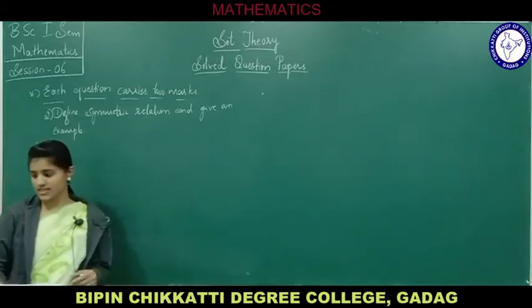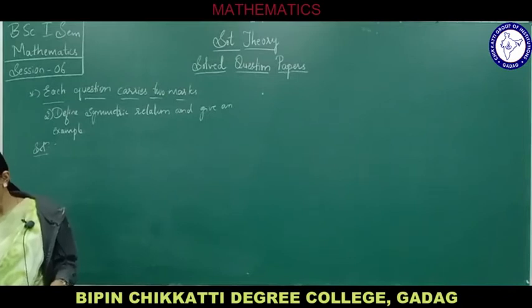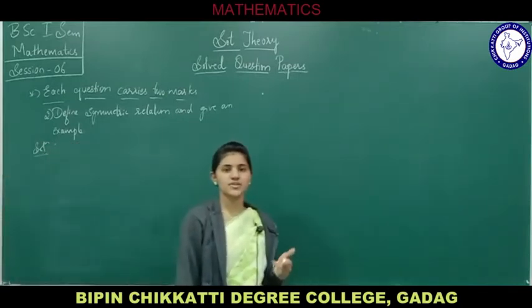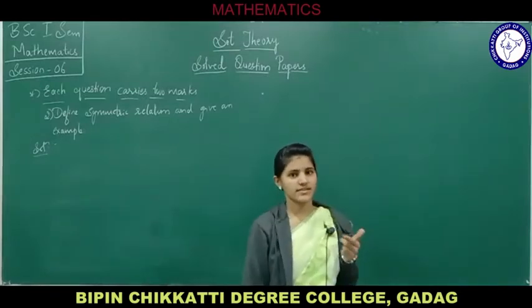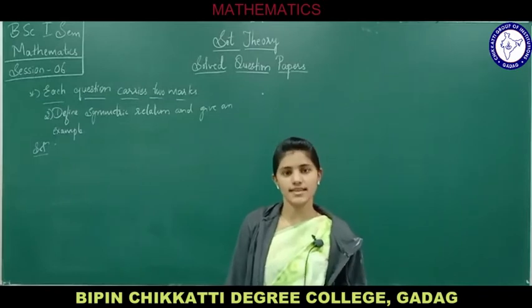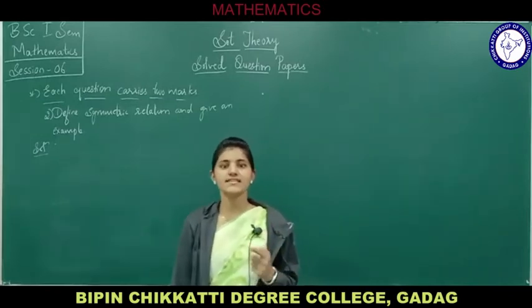We all know what a symmetric relation is, right? A relation R on a set A is said to be symmetric if, when A is related to B, then B should also be related to A. Then only we say that it is symmetric.